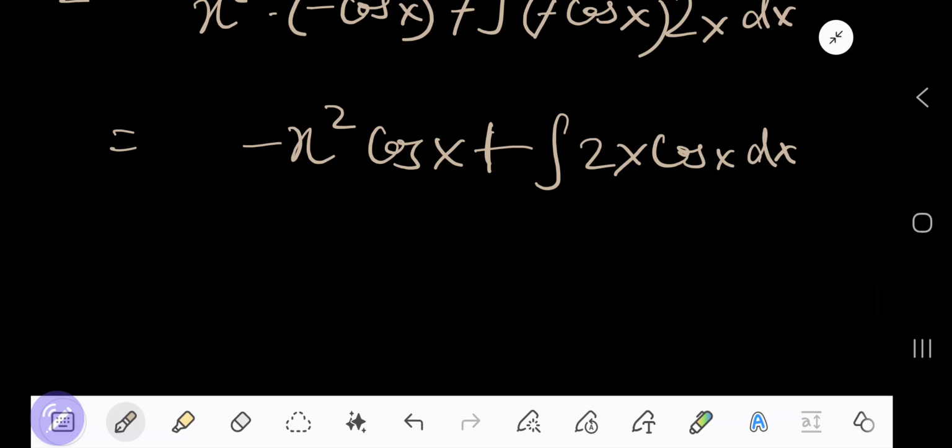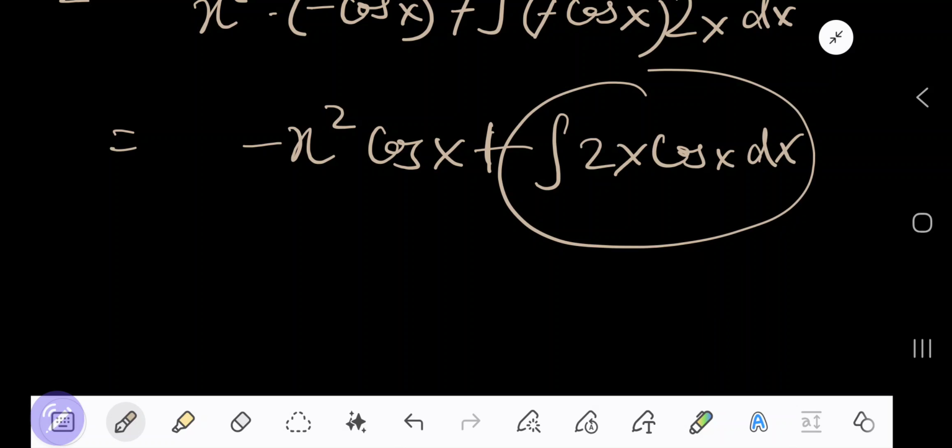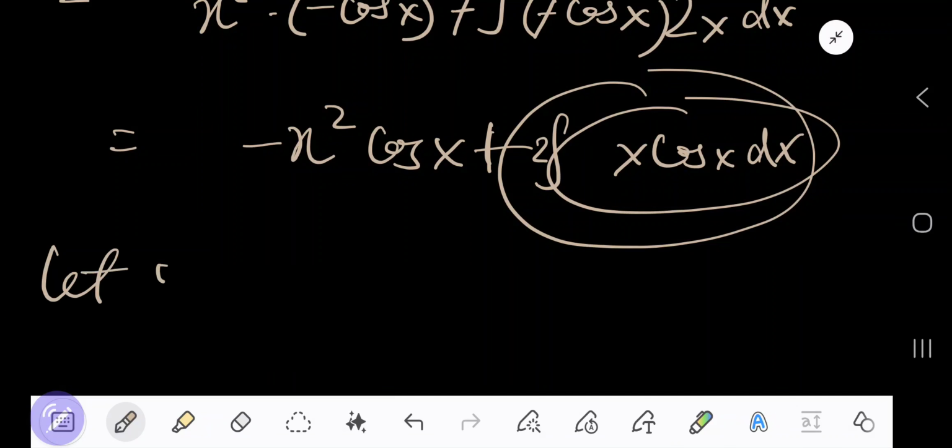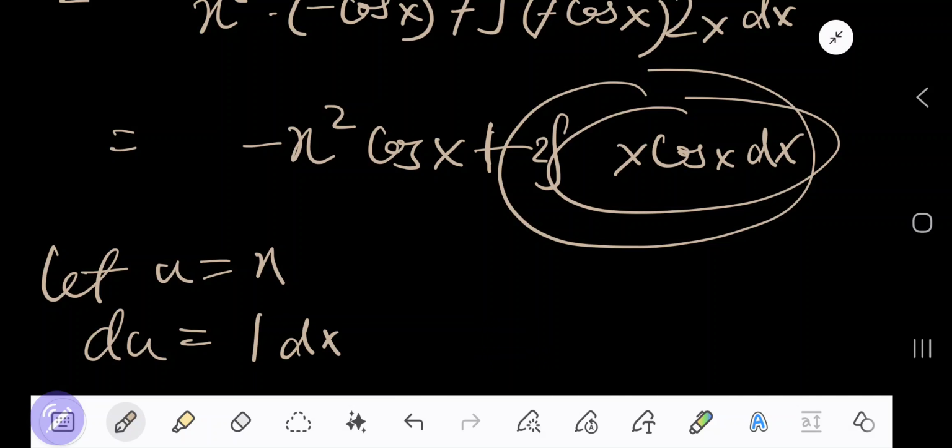So now, to further solve this, we're going to use u dv in this integral too. You could simplify this a bit more. You can take the 2 outside because it's a constant, so x cosine x dx, right? So in this integral, we're going to let u equal x and du would be equal to dx, right?